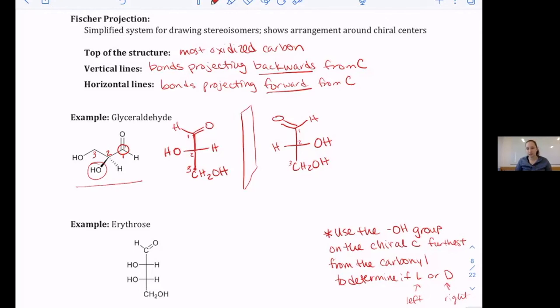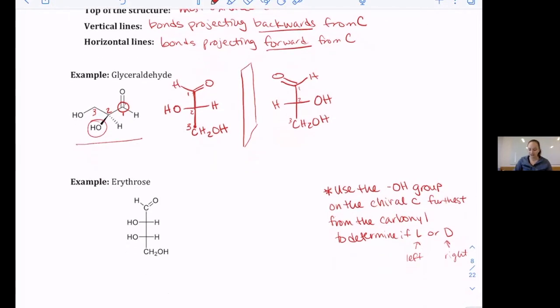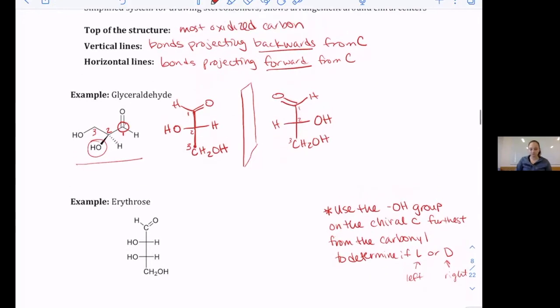However, you should be able to convert trioses, specifically aldotrioses, to their Fischer projection, just like what we just did. I also have this little note down here. It says use the OH group on the chiral carbon furthest from the carbonyl, so the bottom carbon that's chiral, to determine whether it's L or D.